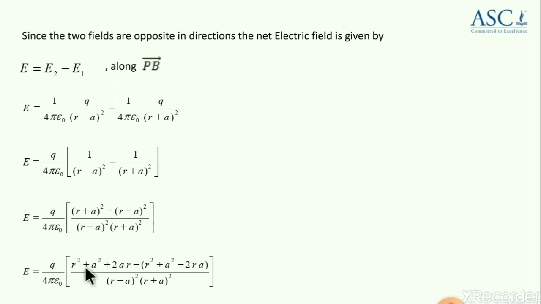According to a plus b whole square, r plus a whole square is r square plus a square plus 2ar, and r minus a whole square is r square plus a square minus 2ra. These are taking the LCM and substituting; you can easily practice and learn.